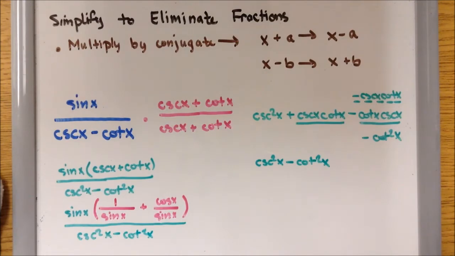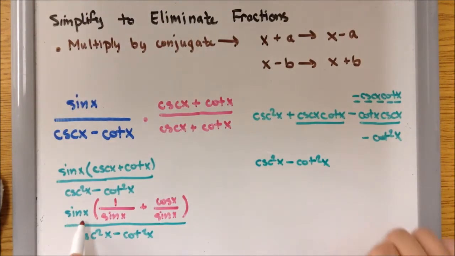Alright, I'm going to move right here since I have a little space. Now what I'm going to do is distribute the sine x to everything in the parentheses.